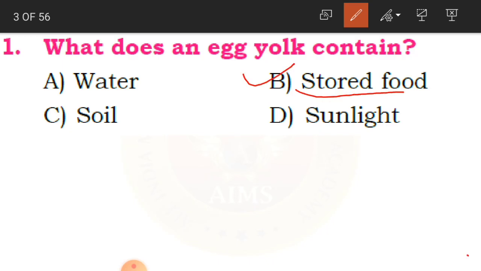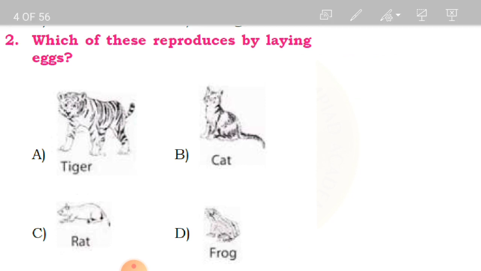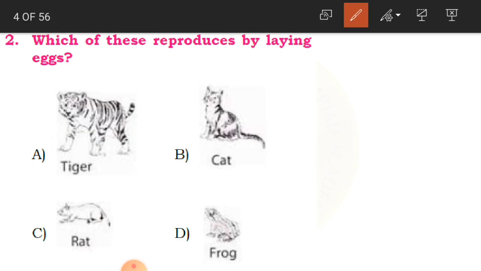Now the second question, which of these reproduces by laying eggs? Here you can see 4 animals in the slide. They are tiger, cat, rat and frog. From these animals, we have to identify which one reproduces by laying eggs. What is the answer, children?